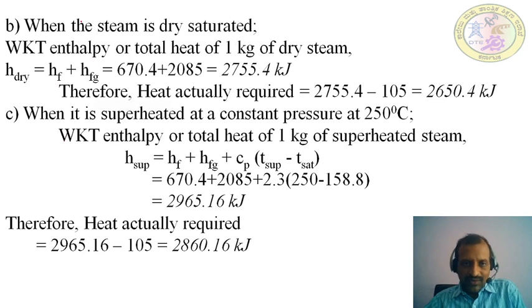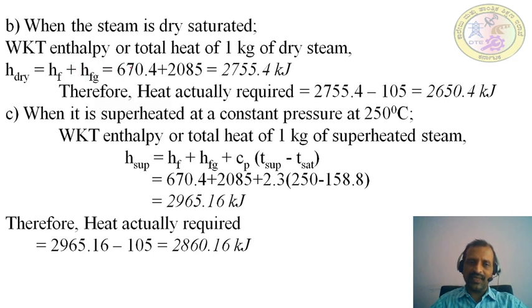Similarly, the second case, when the steam is dry saturated. When the steam is dry saturated, there is no dryness fraction, so the dryness fraction does not come into the picture now. Removing the dryness fraction, write it once again. We know that the enthalpy or the total heat of 1 kg of dry steam, that is H dry, is equal to HF plus HFG. Since it is dry, there is no x factor here.